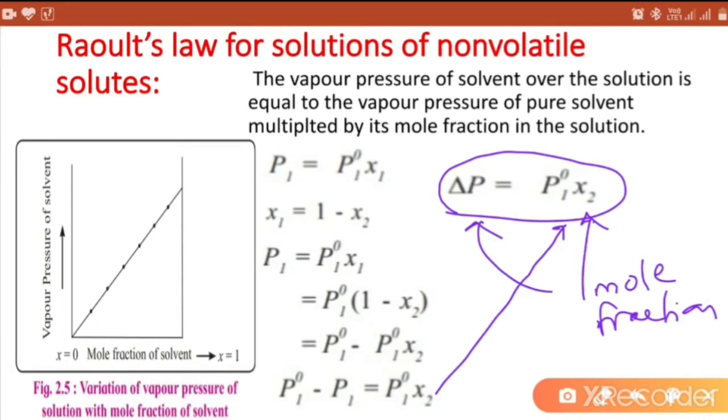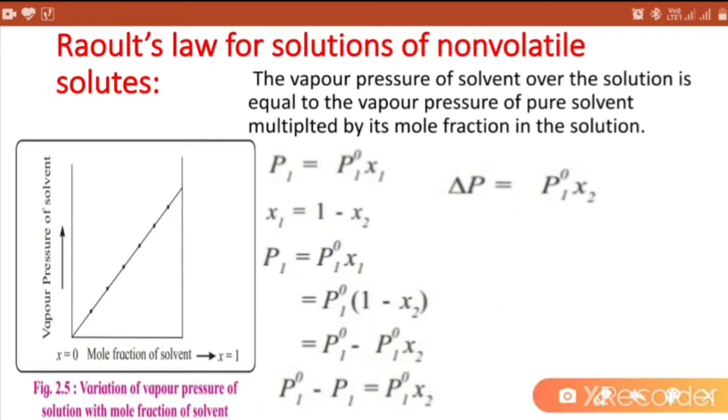It is proved with the help of the variation of vapor pressure of solution with the mole fraction of solvent, using a graph. The graph shows vapor pressure plotted against mole fraction of solvent. Initially the mole fraction is 0, and at the end the mole fraction is 1.